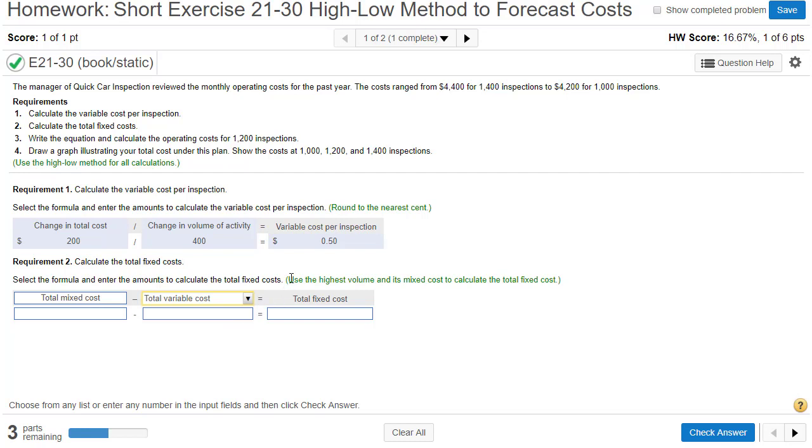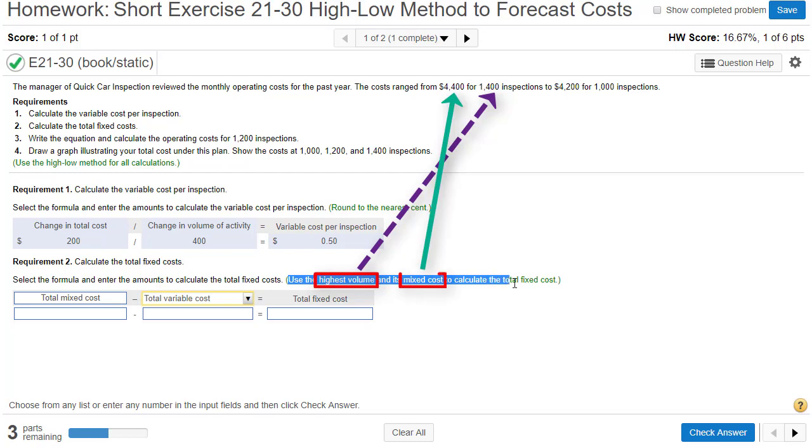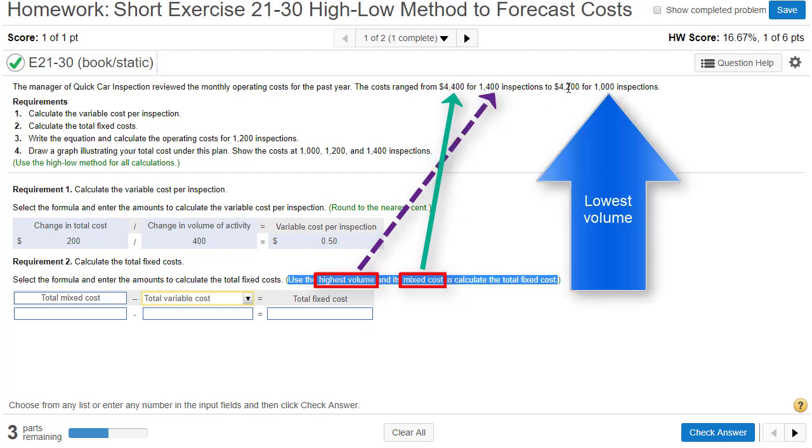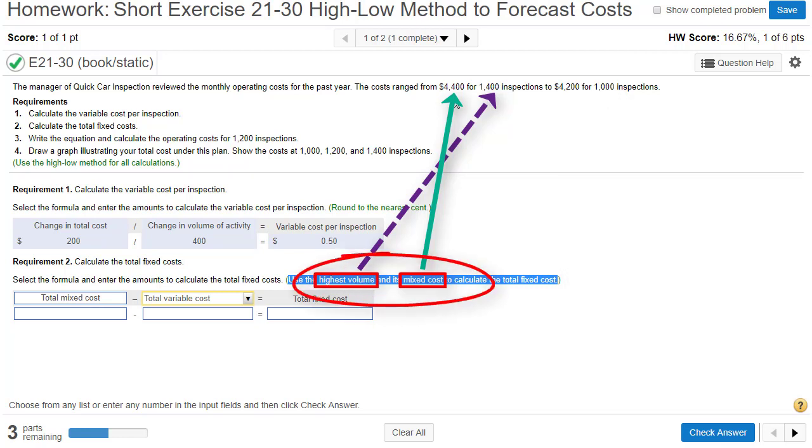And then here's the other key thing. Use the highest volume and its mixed cost to calculate the total fixed cost. So when we're doing step 2, we get to choose. We either use the high production level or the low production level. Both of them will give you the same total fixed cost. But the homework says we have to use the highest. So the highest volume level was 1,400 inspections.